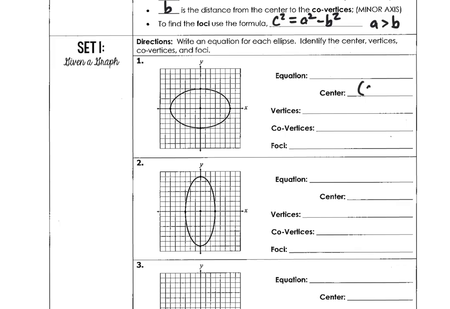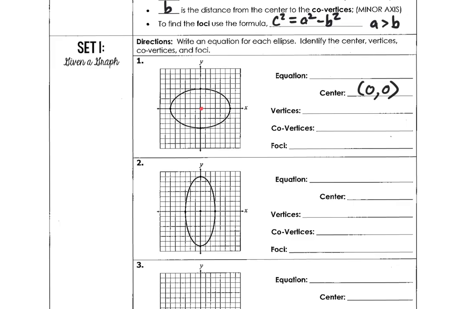Kind of like yesterday, the first thing that we'll do in most cases is we're going to identify the center. And here the center is at 0, 0. And if you're not sure if it's the center, just count. Like in this case here, we go 1, 2, 3, 4, 5, 6, and we go 6 to the left, so we know it's centered right there between those two.